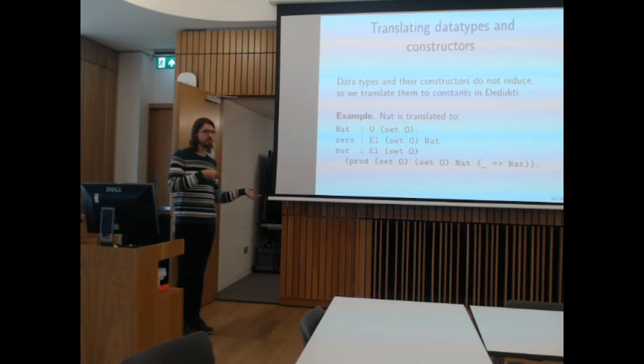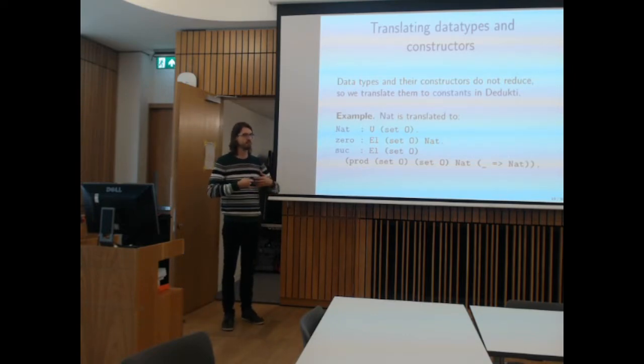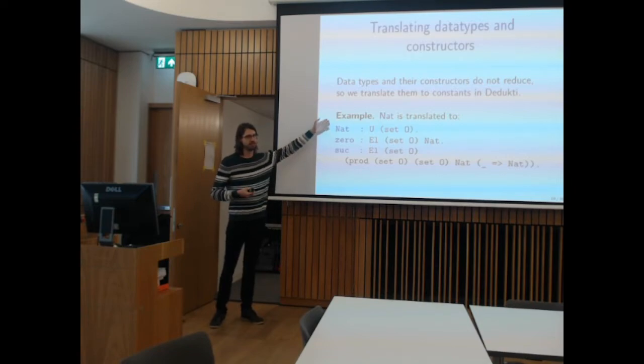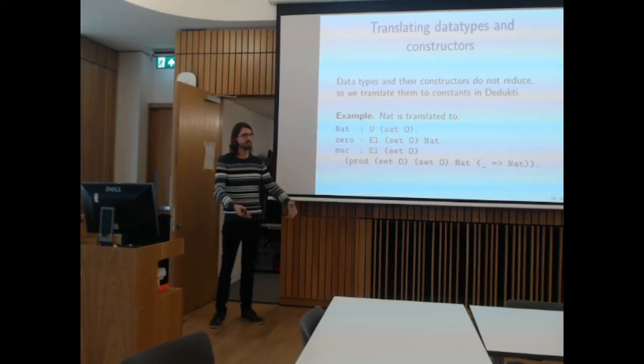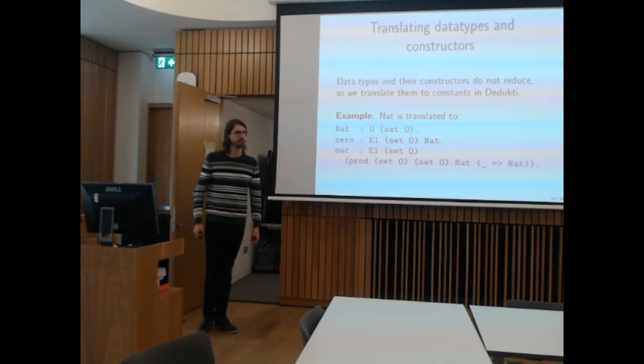An alternative way to do this, which would maybe be better, would be if we had a universe of data types and we just picked out the code for Nat. But so far, we're still having to extend the deductive theory basically each time we introduce a new data type.